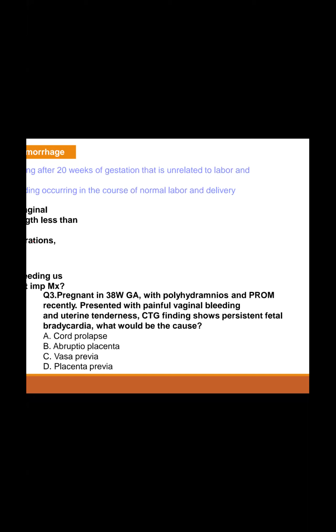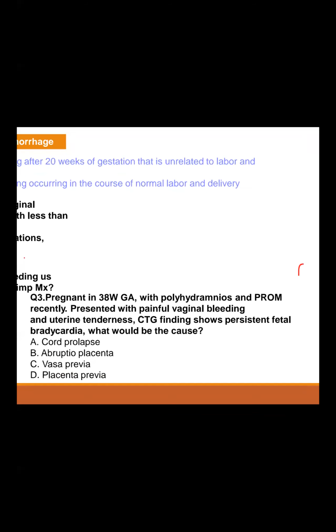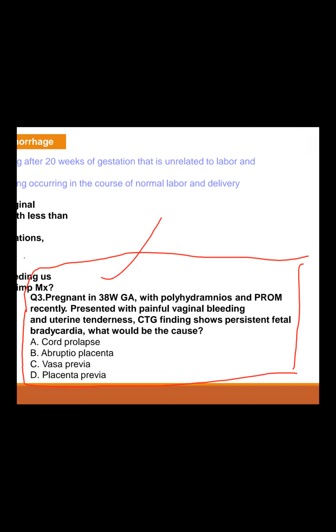Dr. Omar, you tell me. Option A, cord prolapse. These are the points I am thinking. See, there is a 38-week gestation, right? Polyhydramnios, right? PROM. It's option A, cord prolapse.